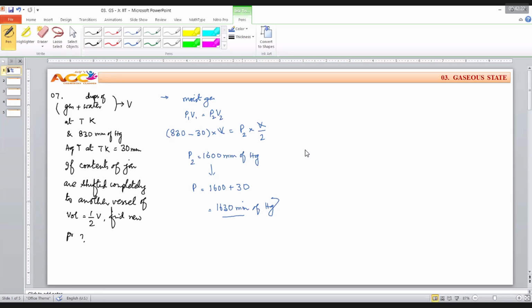Change of temperature will change the aqueous tension, but change of volume will not change the aqueous tension. There also you have taken 30. Here also you have taken 30. In the previous problem, in the first case we have taken 30. In the second case we have taken 25 because we are talking about temperature variation. Okay, all right.